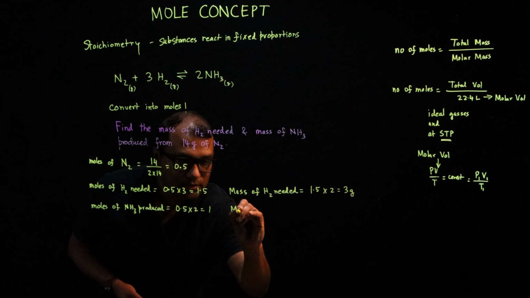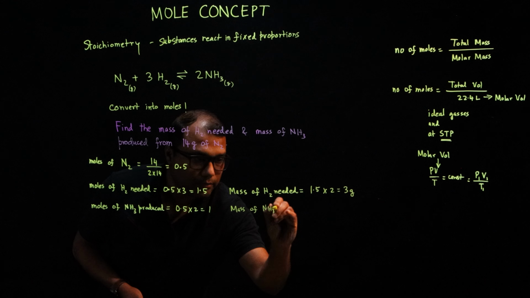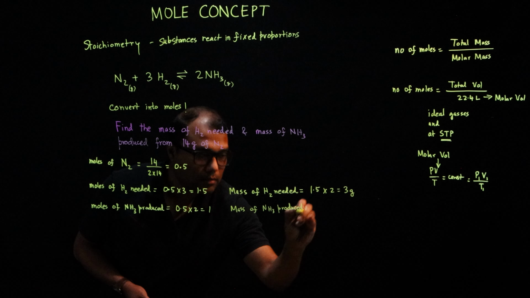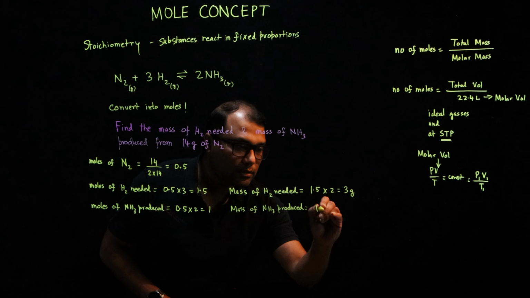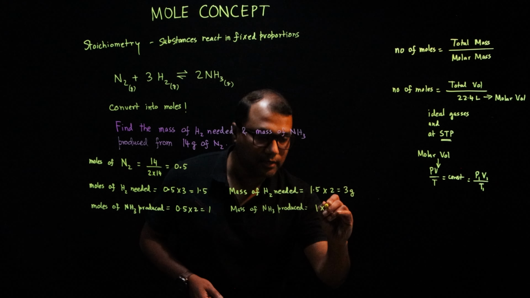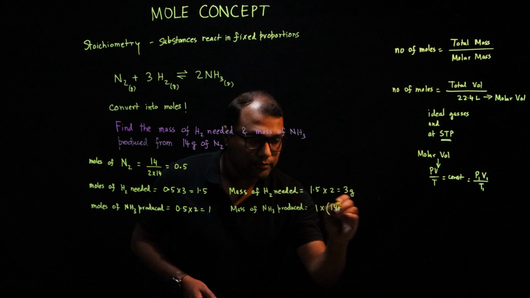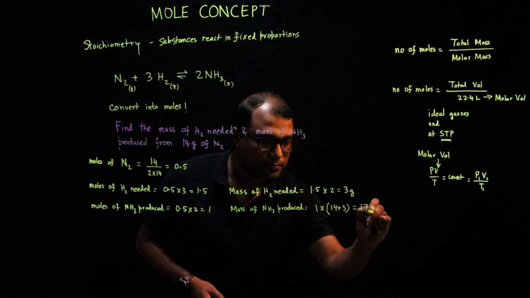Similarly, the mass of ammonia produced is number of moles times molar mass of ammonia. What is the molar mass of ammonia? Nitrogen is 14 plus hydrogen is 3, so 17, so 17 grams.